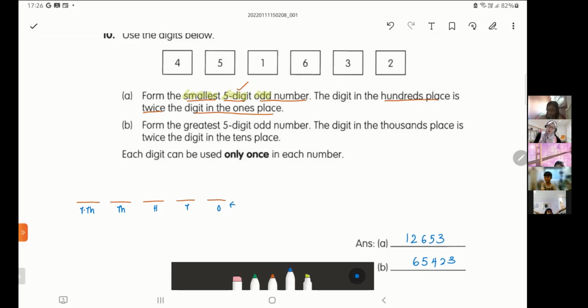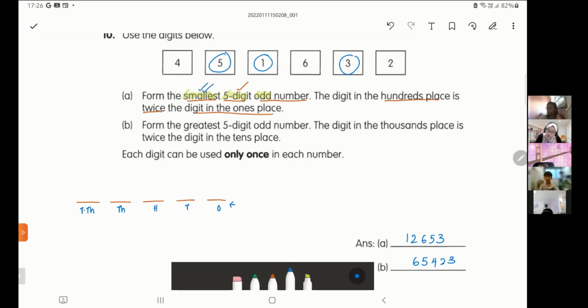Okay, so if you look at this, which one is the odd number? Number 3, number 1, number 5 are odd numbers, right? So between these odd numbers, which one should be at the back? Okay, to make it the smallest number. So before I can fill up the ones there, between these few, I can fill up the smallest one first.